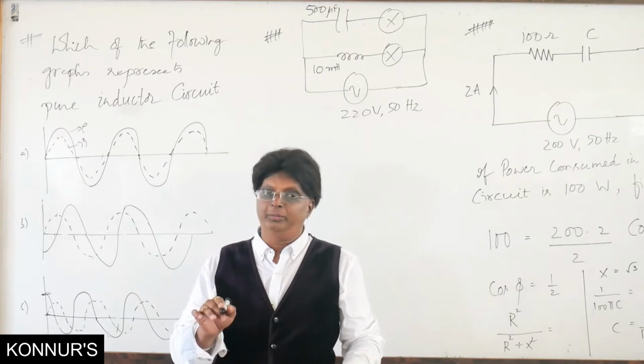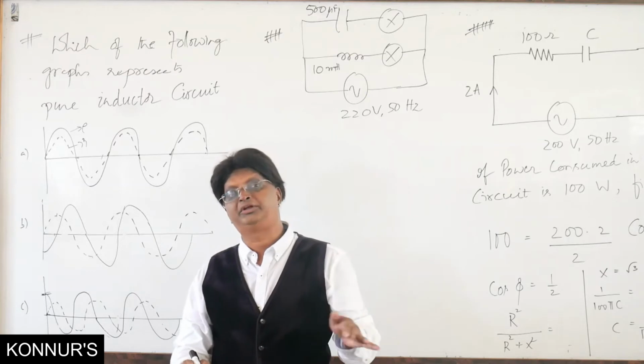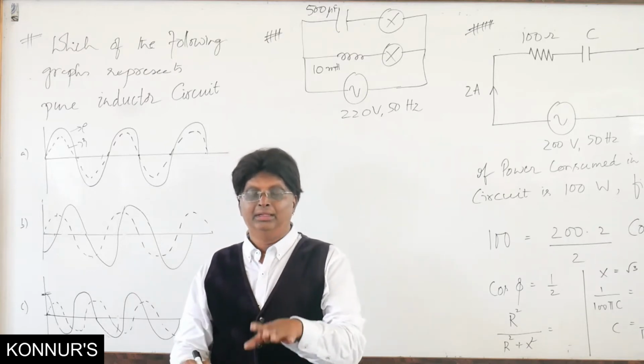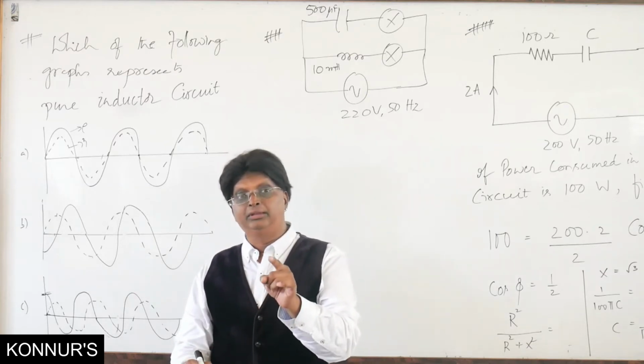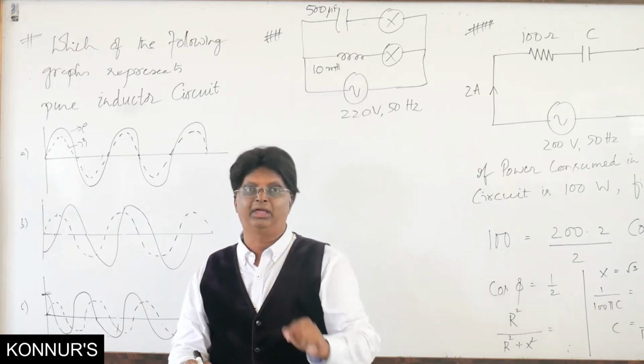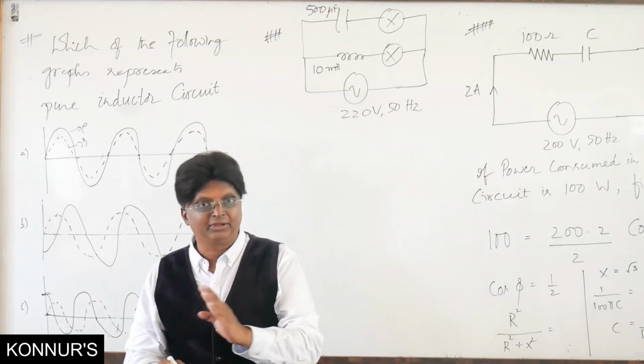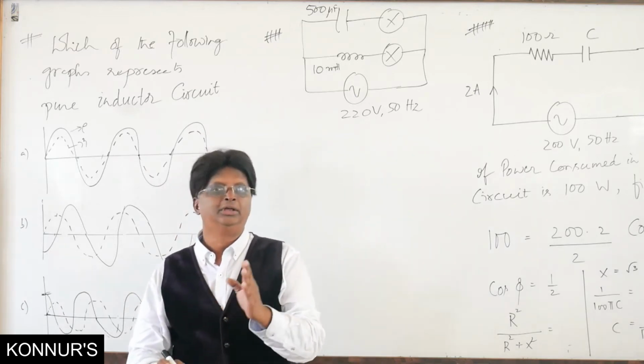Whereas for combinations like LR, CR, or even LCR in a state other than resonance, this phi value will not be 0 and will not be pi by 2; it will have some value in between 0 and pi by 2.